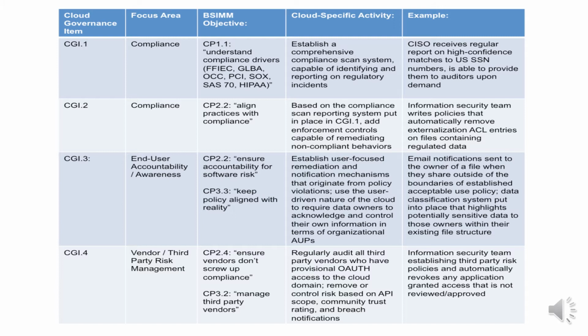It is responsible to establish a comprehensive compliance scan system capable of identifying and reporting on regulatory incidents. And the CISO receives regular reports on high confidence matches to US SSN numbers, and is able to provide them to auditors upon demand.